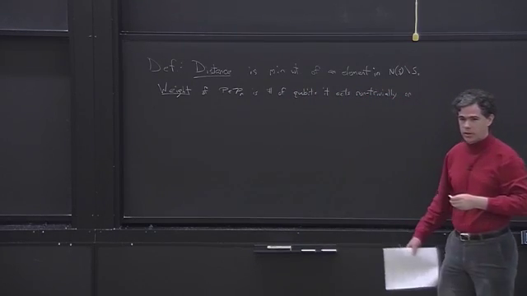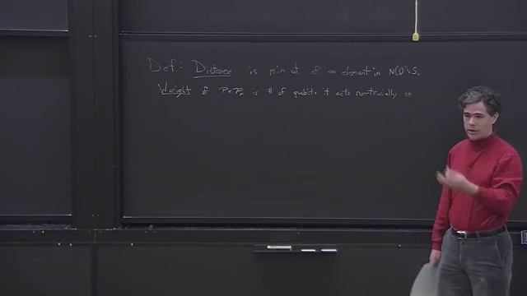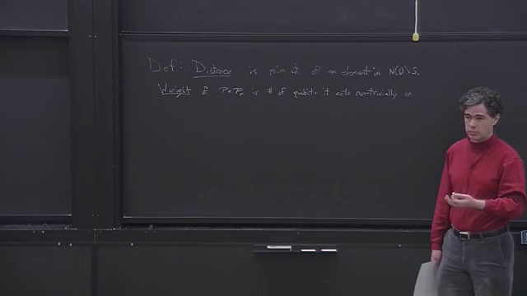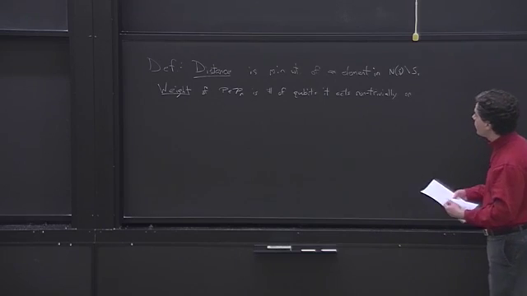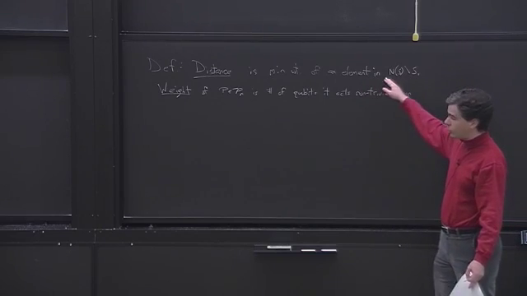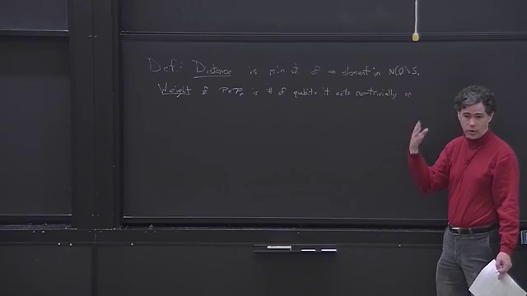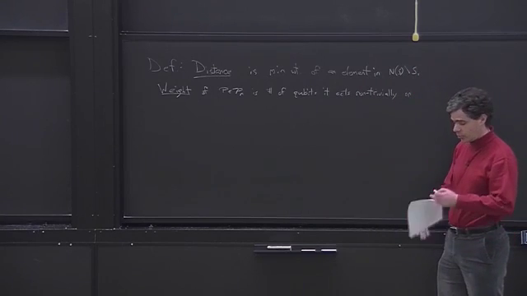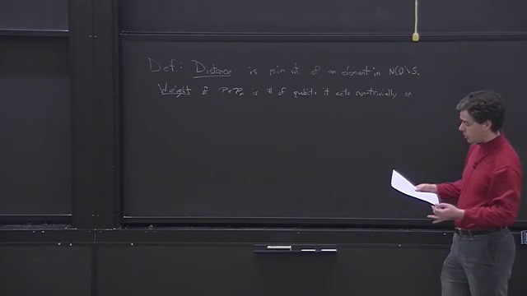Right, so if you have X tensor Z tensor Y tensor I, that's a weight 3 Pauli. Okay? And so clearly the distance is an important property telling us about the error correction capabilities of a code, right? Because N of S minus S is such an important thing in that.